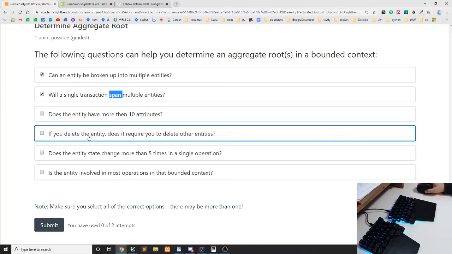If you delete the entity, does it require you to delete other entities?